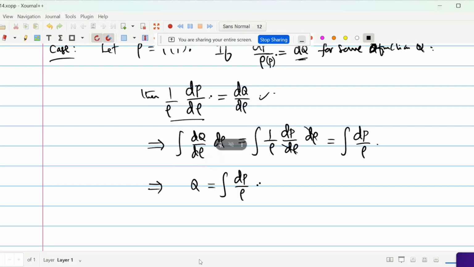You just see this dp, I divide by d rho. So it's like a differential equation, dq by d rho equals something. The right hand side is a known function of P, and you simply integrate both sides. You are getting this one.